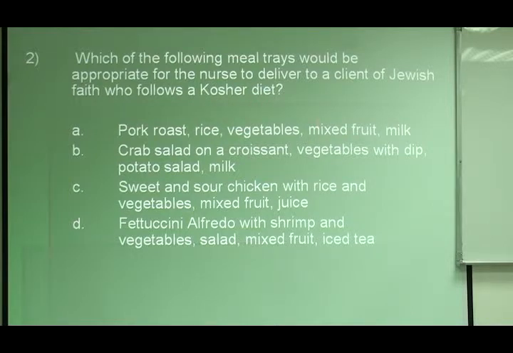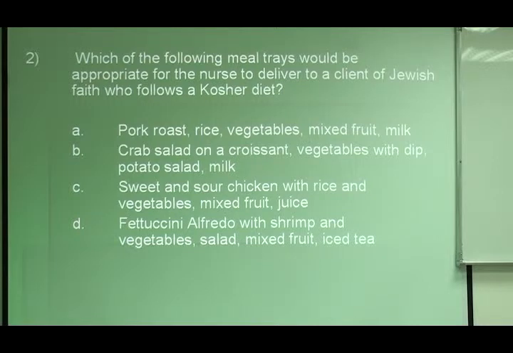Remember, what is not allowed for the Jew? They cannot eat pork and shellfish. Crab. Shellfish. Shrimp. Oh, wrong. What's the correct answer? There, chicken. Easy, if you know that.